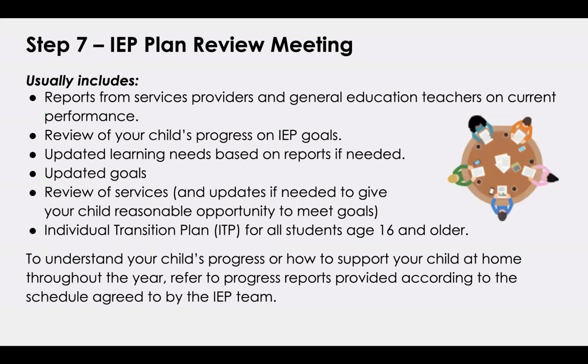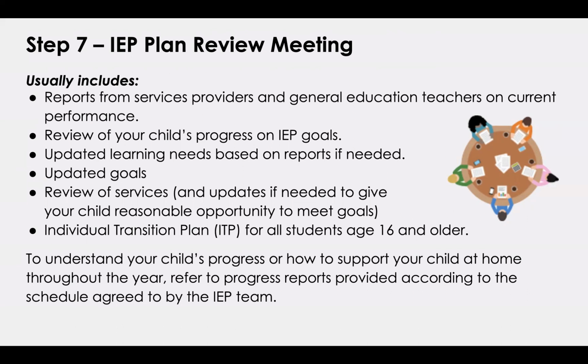Step 7, the IEP plan review meeting, usually includes reports from services provided and general education teachers on current performance. It includes review of your child's progress on IEP goals, updated learning needs based on reports if needed, updated goals, review of services and updates if needed to give your child reasonable opportunity to meet their goals, and an individual transition plan, or ITP, for students that are 16 years or older.